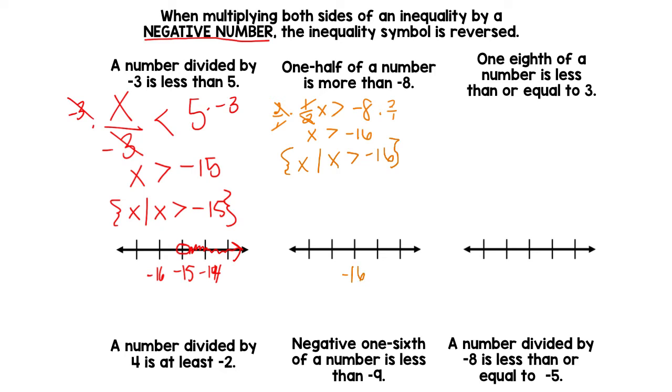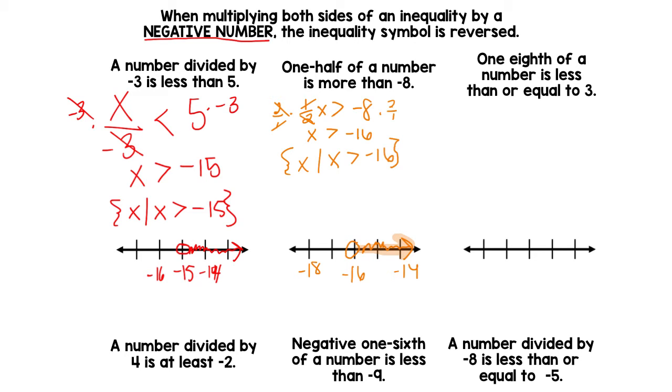I'm going to put -16, -18, -14, and let's graph this. It's an empty circle again at -16, and our inequality points to the right, so we shade to the right. Maybe this would make more sense if we shade this way.